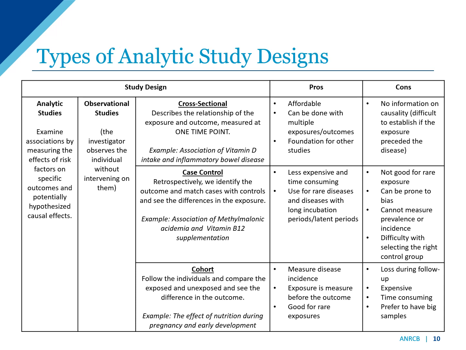This is a less expensive and time-consuming study design than cohorts or randomized trials. And it's often used for rare diseases and diseases with long incubation periods. It's not good for rare exposures, and it can be prone to bias.